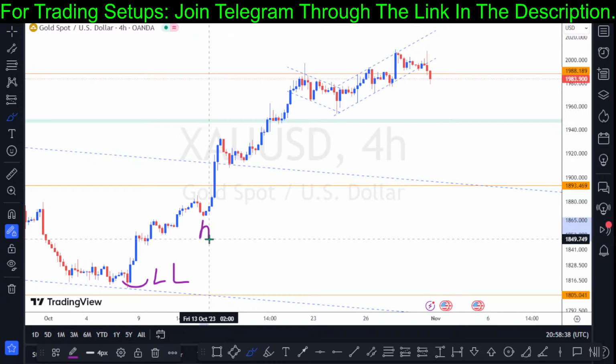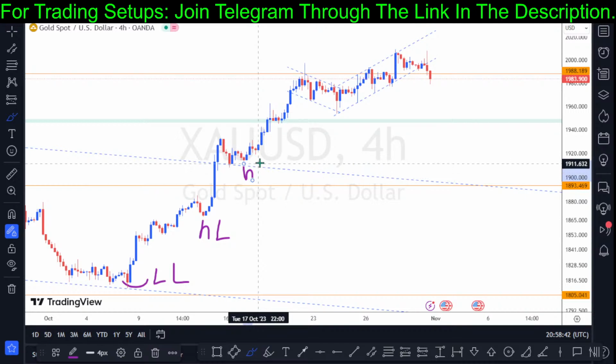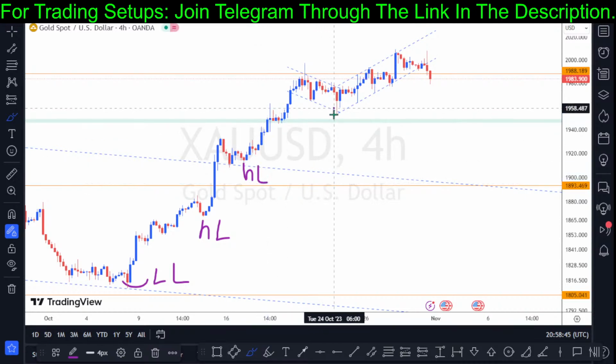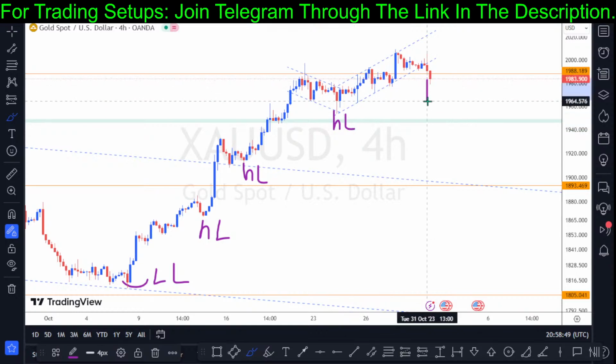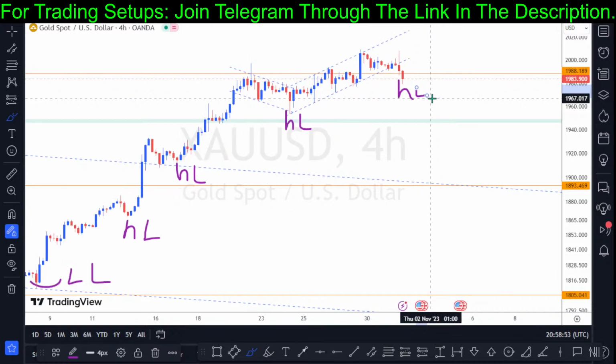This structure right here we can target as a higher low, and right here we can target as a higher low. So right here is still a higher low. If you are trying to short right here based on the aggressive short entry, you have to go in with a small position size because the bullish market structure on gold is still active.